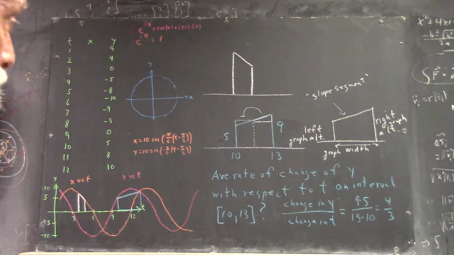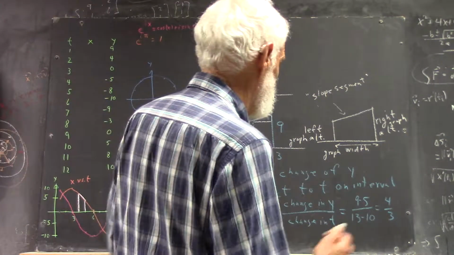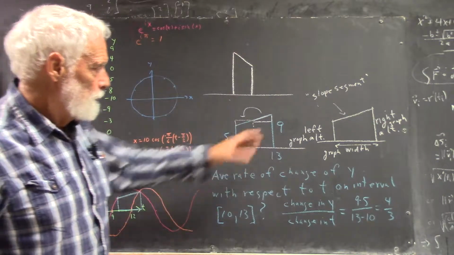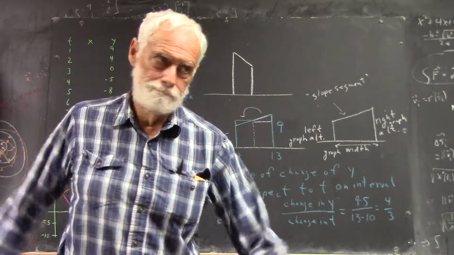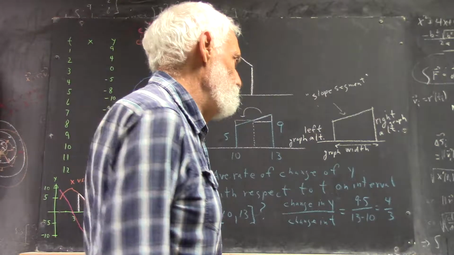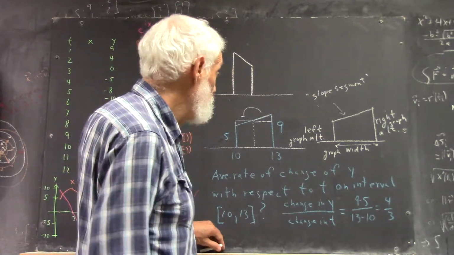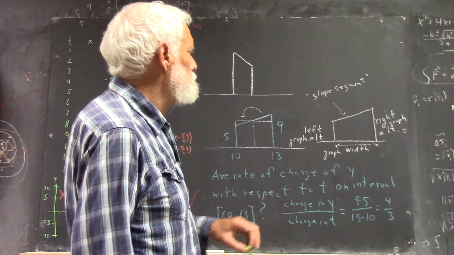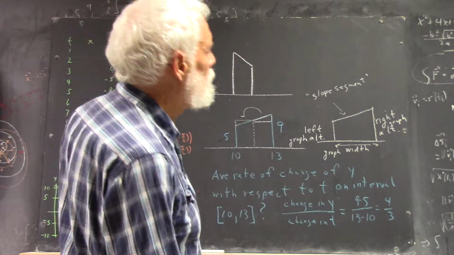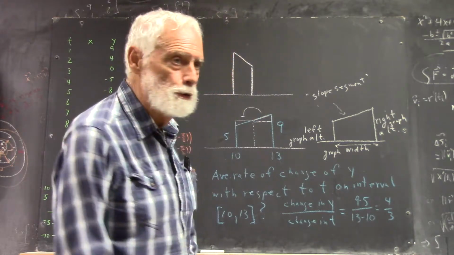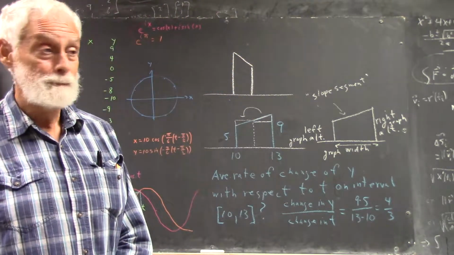Even though you don't have a width when you're talking about a trapezoid. But we want to be careful that we don't mix the terminology too badly. Okay, well then, in terms of right altitude, left altitude, width, what's the slope of that slope segment?